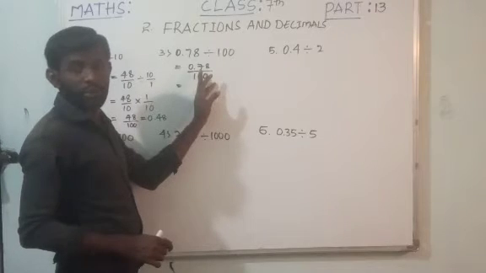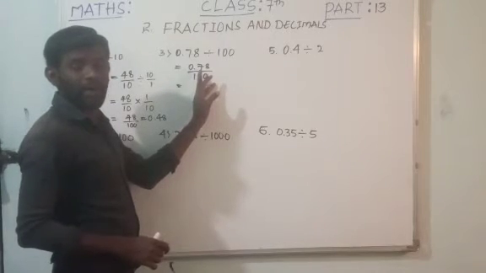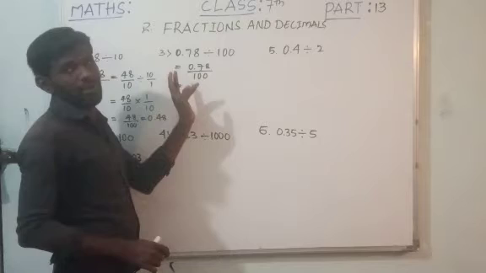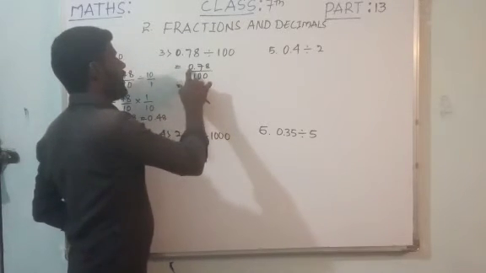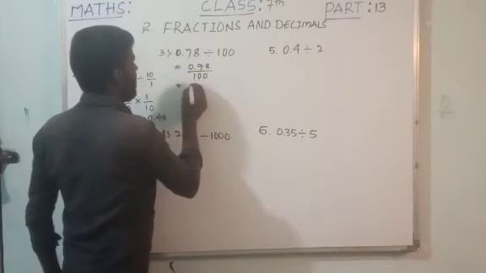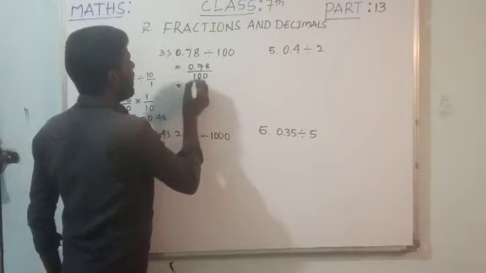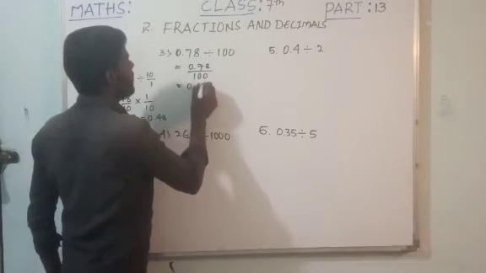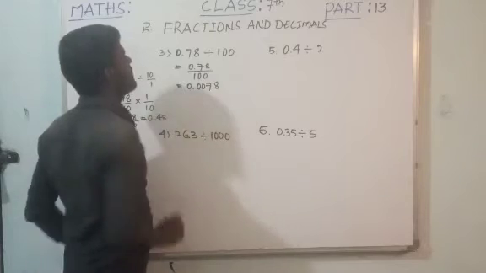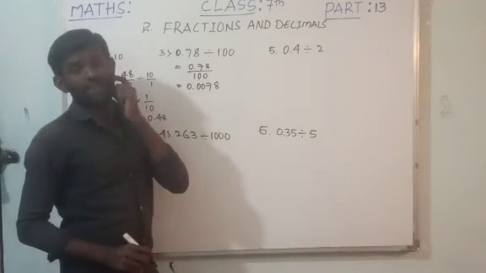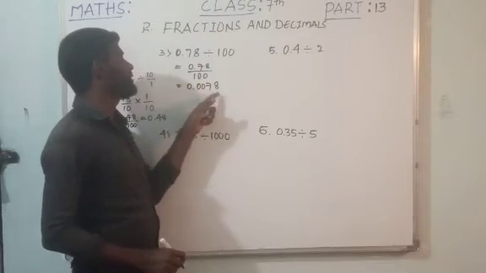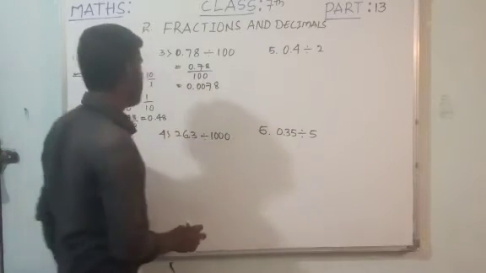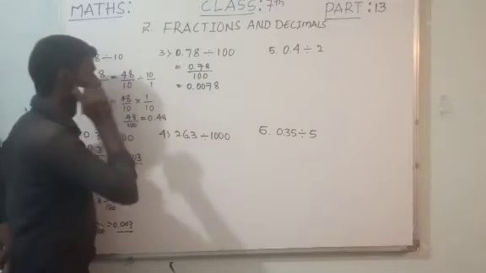You have to give the decimal places before the decimal point. Here 1 2 is there, 1 2. That is 0.0078 its answer. 0.78 divided by 100 means 0.0078.